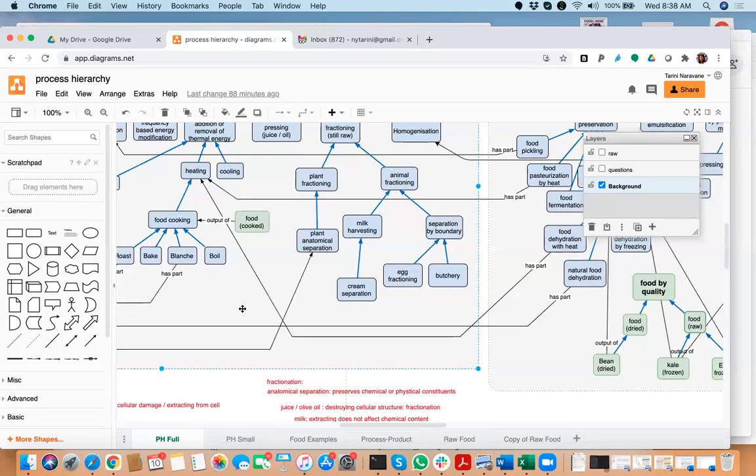So those little use cases immediately popped out underneath animal fractioning as one way to organize these processes. So I guess, what do you think about the word fractioning or separation? Any comments on the terminology?